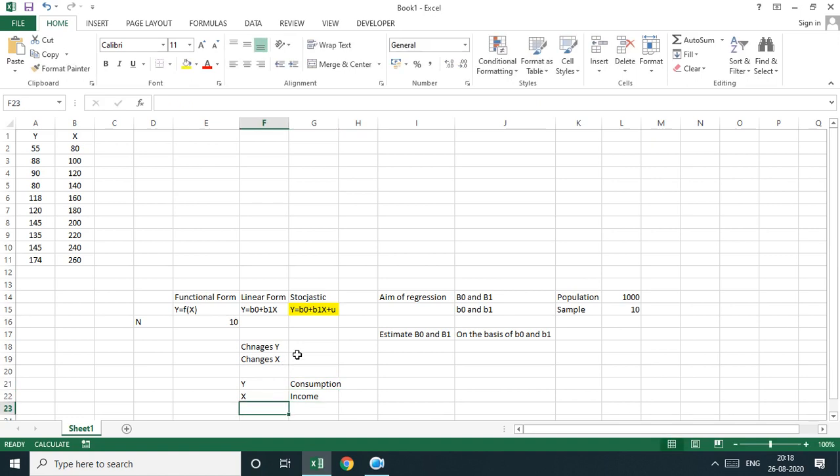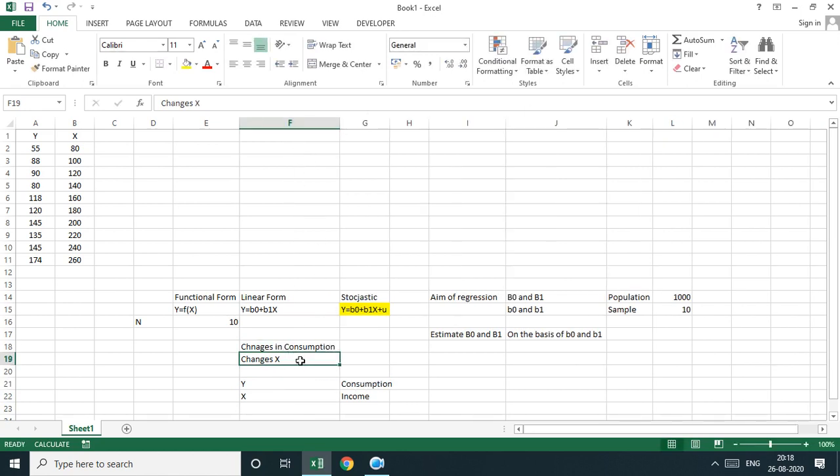So what's our aim of the regression? We have to find out changes in consumption, and you look at there are changes in income also.